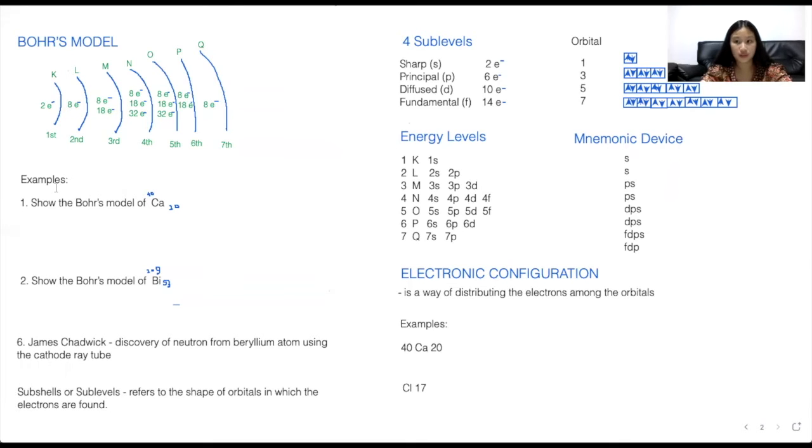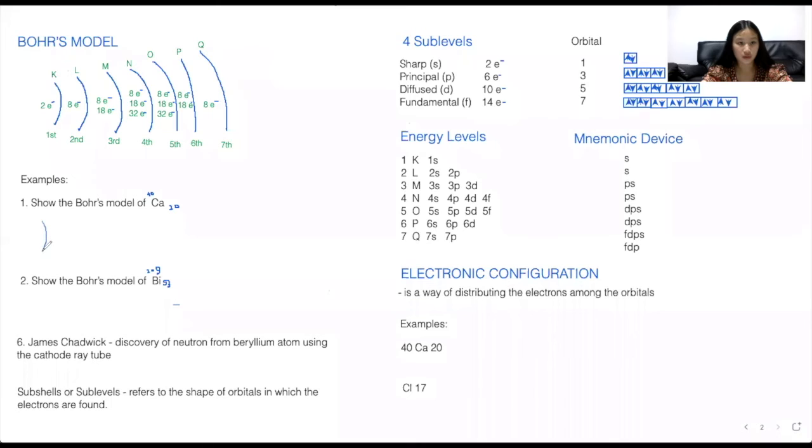So let us move on to the examples. First, show the Bohr's model of Ca-20. So 20 is the number of protons, and the same also goes for the electrons. So the electrons are 20.